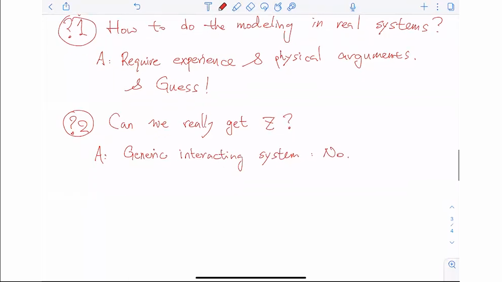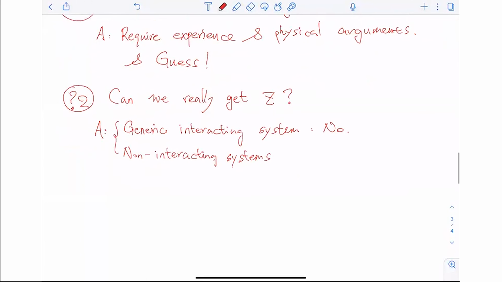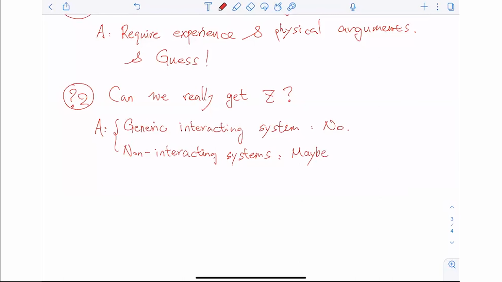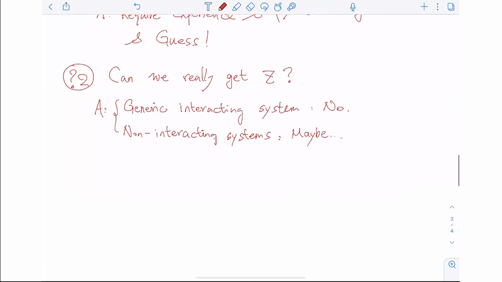Okay. However, for non-interacting systems, we might be able to get it. Okay.